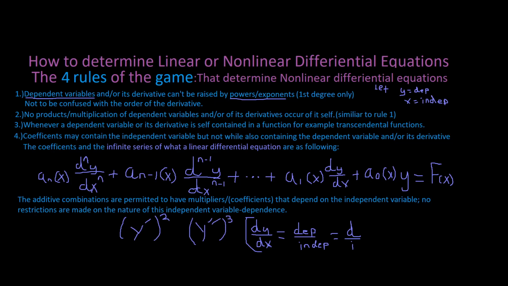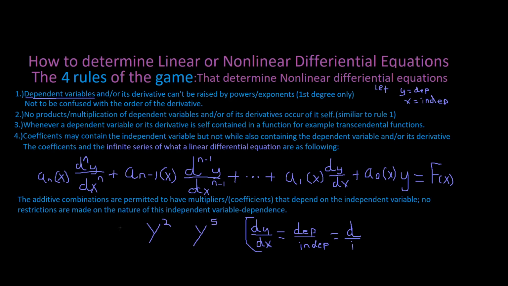I'm going to erase some of this stuff. Hopefully you're still following along. It says I can't have my dependent variable y squared, and I can't have my dependent variable y raised to any n number.